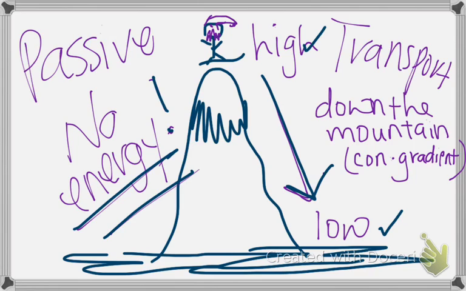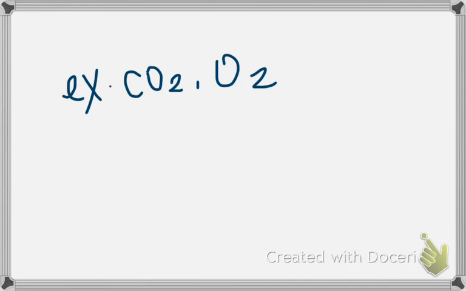Materials flow from high to low. This is how the majority of the materials are transported across cells. Now, some examples of this. I'm going to go ahead and erase this. Some examples of particles that would move across for diffusion are mainly gases, CO2 and O2. So go ahead, give yourselves those examples.